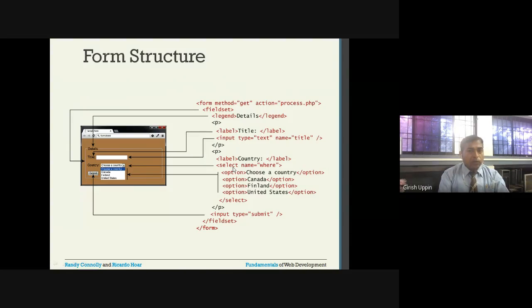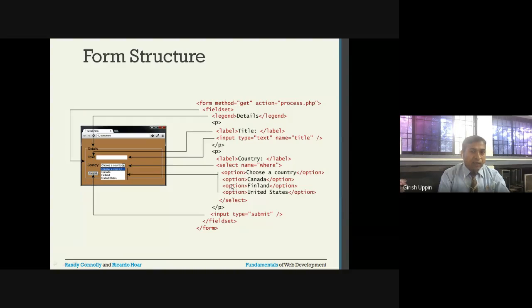So select, we use it for creating the drop down list. When we have created this element, we have to give a name. Every element on the form has to be given some kind of a name if you are planning to send that data to the web server. So name is here, and the select starts here, and this is the closing of the select.